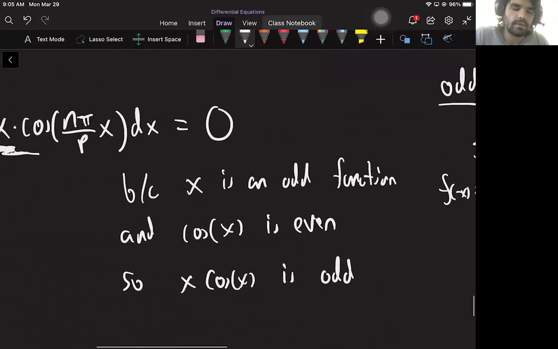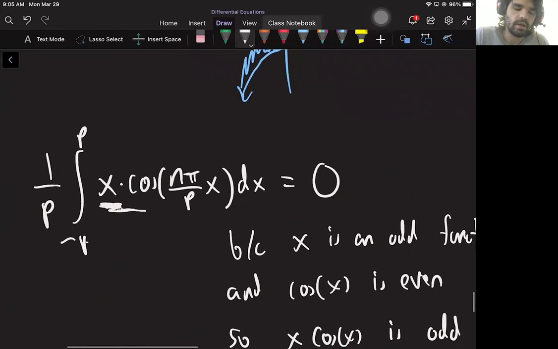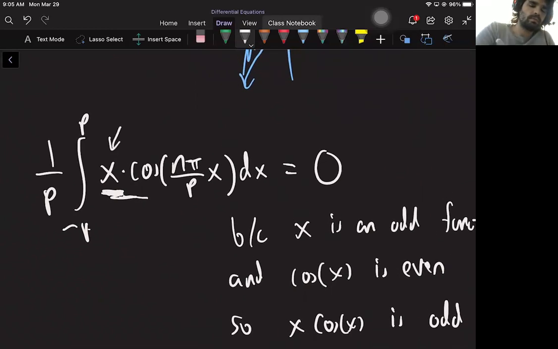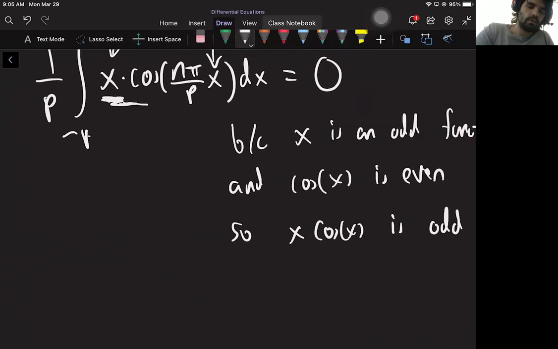So all that to say is, and you can test it right here, if I change x to negative x, I'll get the negative of this whole thing because the one on the cosine will disappear. And so this is odd. So I could just do that right here. Sorry, so I'm changing x to negative x.